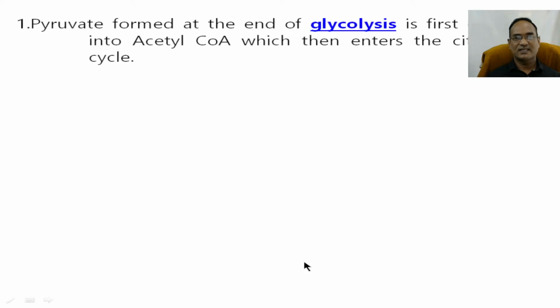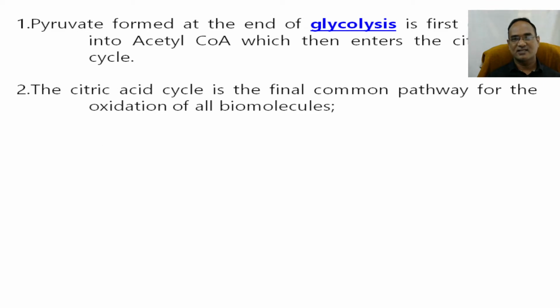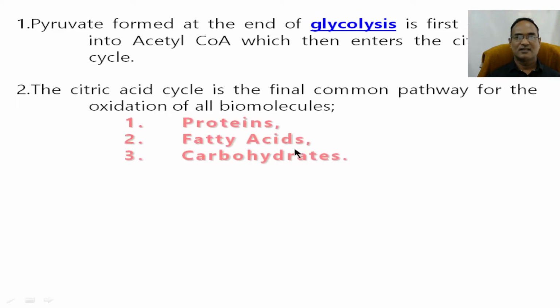In this Krebs cycle, pyruvate is formed at the end of glycolysis. Pyruvate is nothing but a 3 carbon molecule, which will enter into acetyl CoA for the oxidative process. The citric acid cycle is the final common pathway for oxidation of all biomolecules.